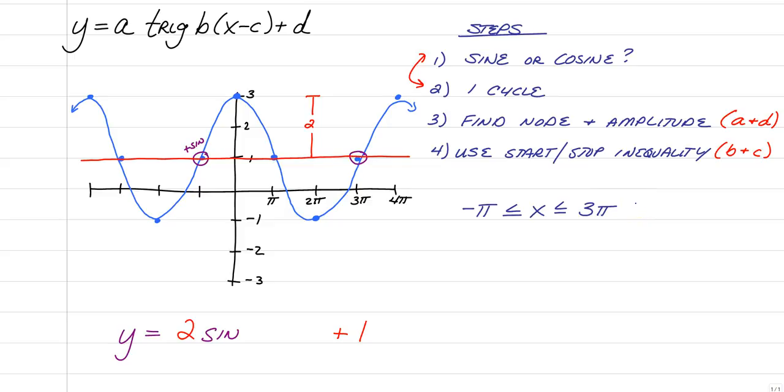But now your thinking for this needs to go in the opposite order. We need to get this back to 0 to 2 pi. So the first thing we need to do is make this become a 0. So we need to add pi to all 3 sections. That's going to give us 0 is less than or equal to x plus pi, which is less than or equal to 4 pi. Now we need to get this to become 2 pi.